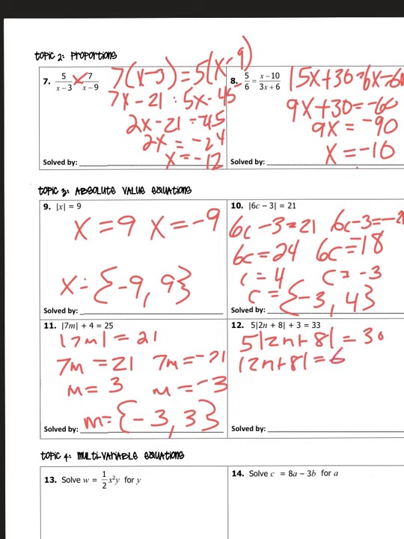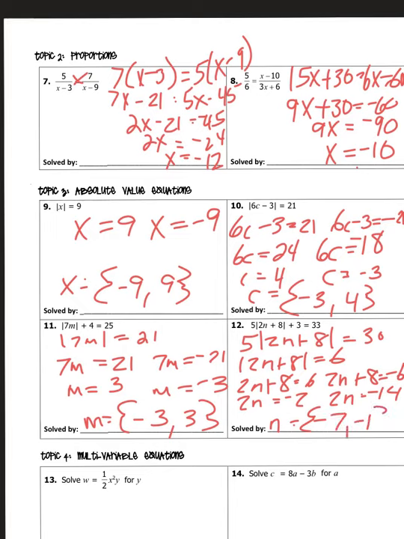Now that the absolute value is isolated, we can say 2n plus 8 equals 6, and 2n plus 8 equals negative 6. Subtract 8 in both equations, and you get 2n equals negative 2, 2n equals negative 14. Divide by 2, and n equals negative 7 and negative 1.